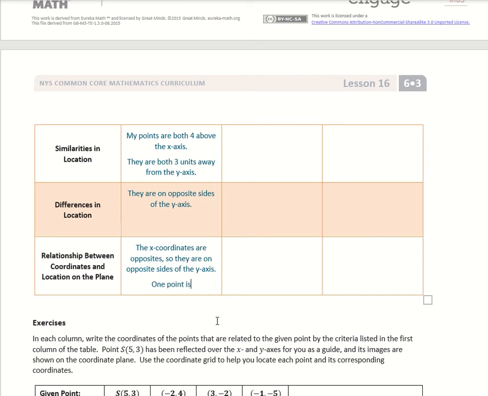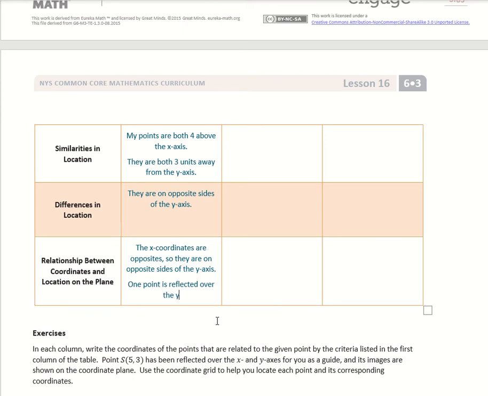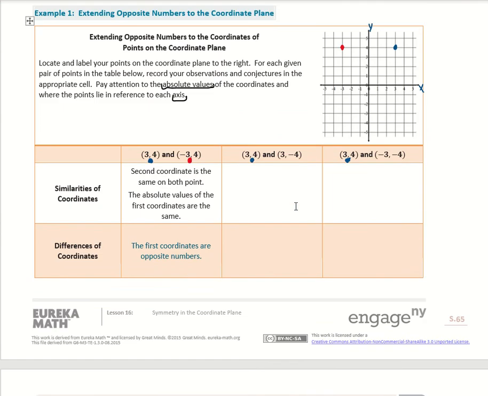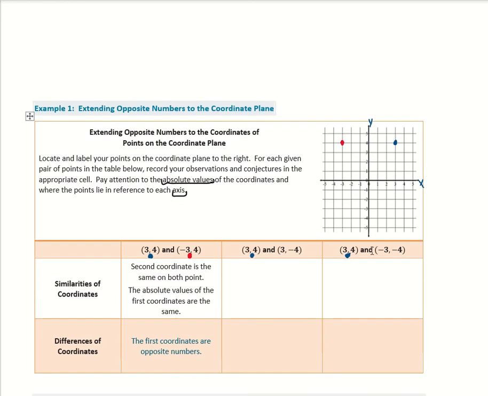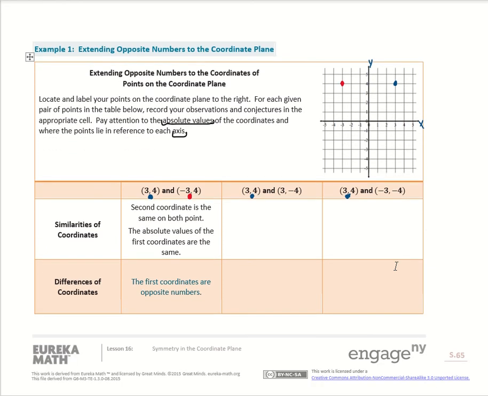One point is reflected over the y-axis to get the other. It's the same distance away from the y-axis, just like a mirror. Let's see if we find anything that's similar in this next group.